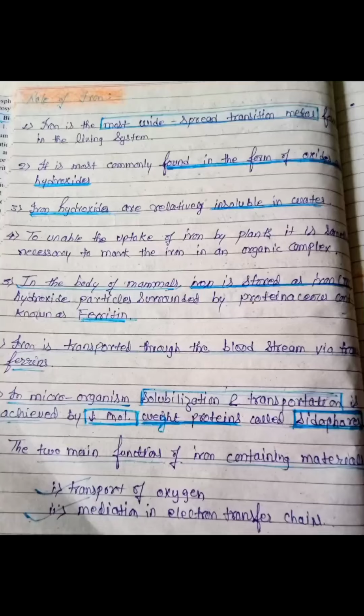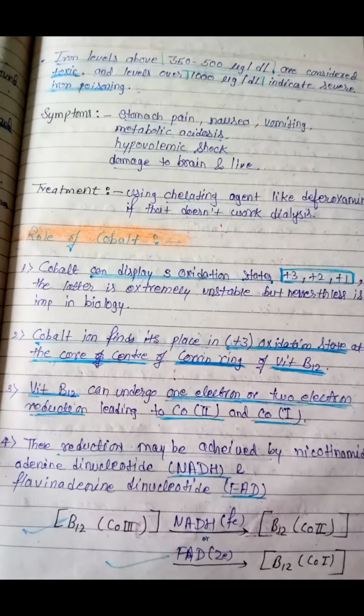The two main functions of iron-containing materials are transport of oxygen and mediation in electron transfer chains. Iron levels of 350 to 500 micrograms are considered toxic and levels of 1000 micrograms indicate severe iron poisoning.